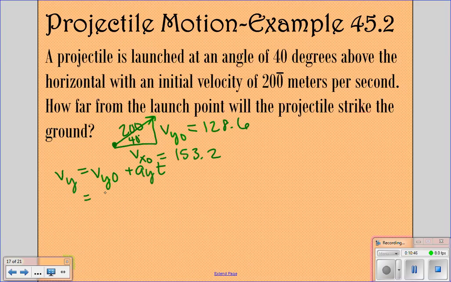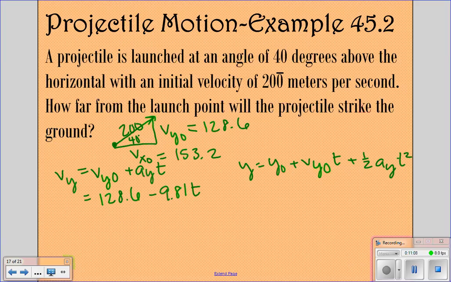So we have 128.6 minus 9.81 t. Okay, and then for our y position equation, we would have y equals y sub 0 plus v sub y 0 t plus 1/2 a sub y t squared.